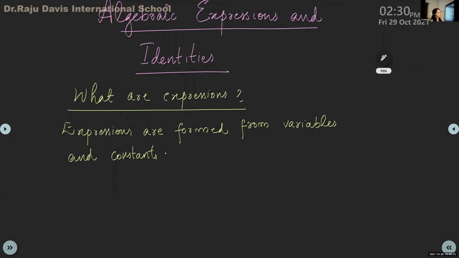Expressions are formed from variables and constants. Example, 2x minus y. Second one, 4xy plus 7 plus 3x square.